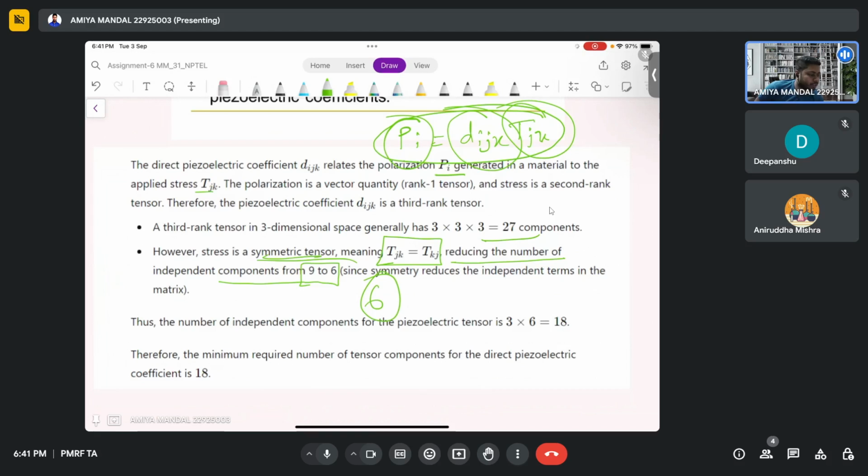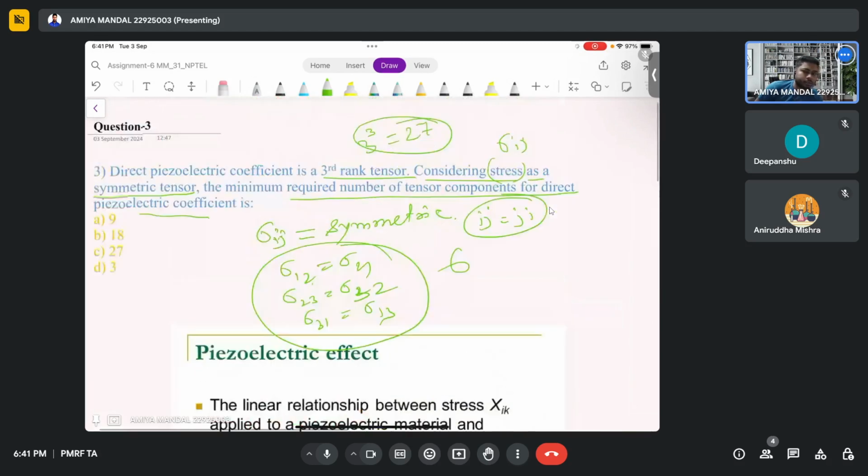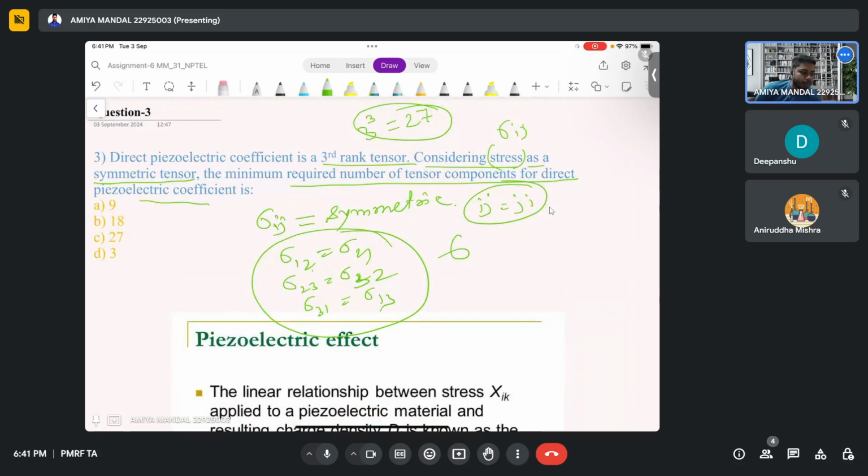Then i varies from 1 to 3, so we consider 3 times 6, which gives us 18.